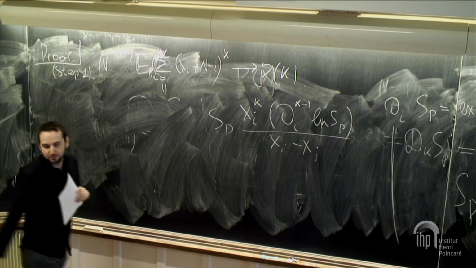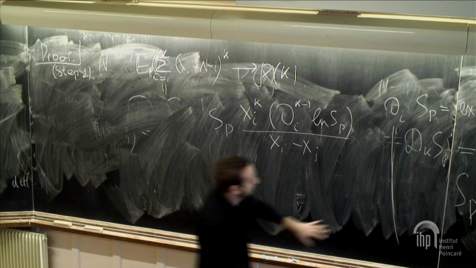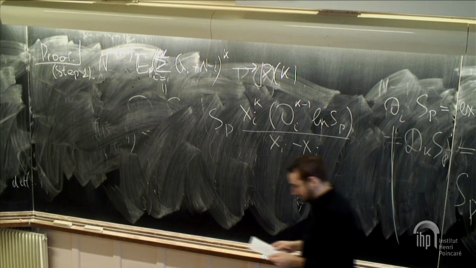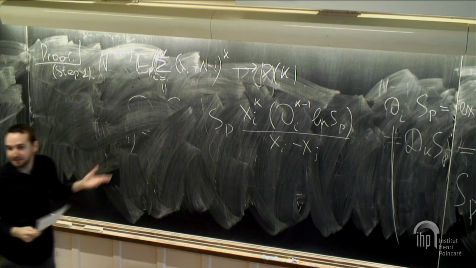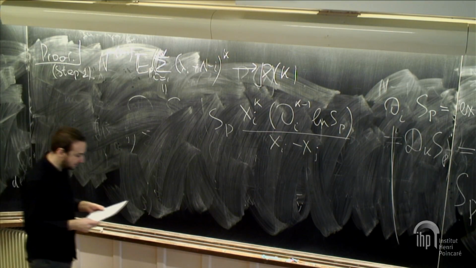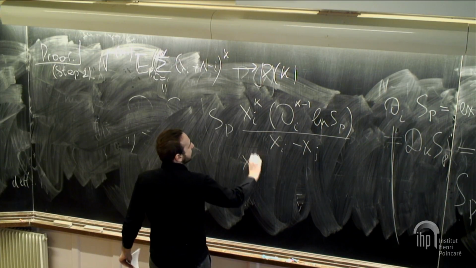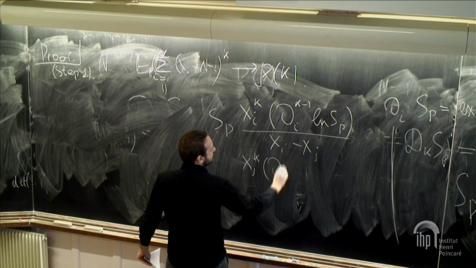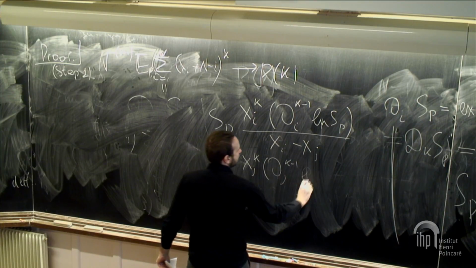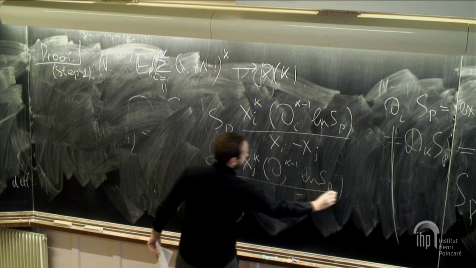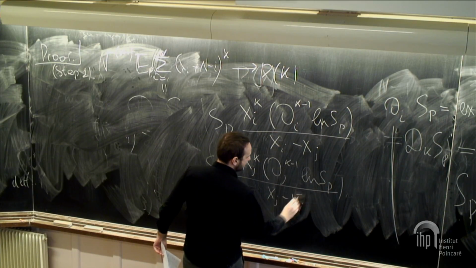So that's the simplest possible case, when there is only one factor in the denominator, and there is only one product here and no Q at all. That's the simplest possible thing which can appear here. Since everything is symmetric, together with this term we will have its permutation, which will be xj to the k, dj to the k minus 1 of the logarithm of SP, same SP, divided by xj minus xi.